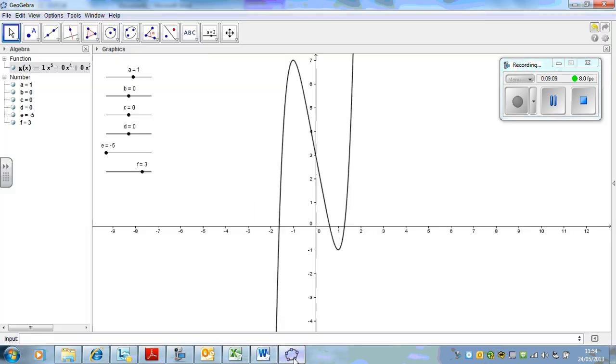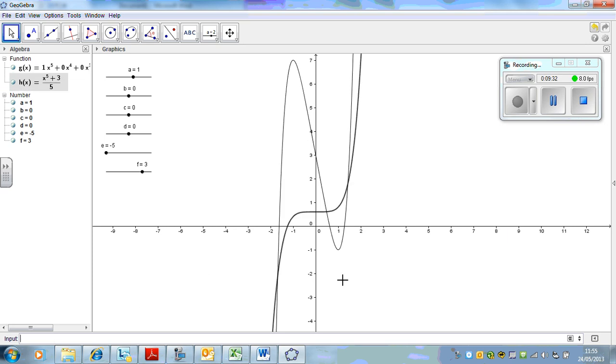I can demonstrate that by writing that down. So y is equal to x to the power of 5 plus 3, all divided by 5. I'm being a bit careful with my brackets here. And y equals x.